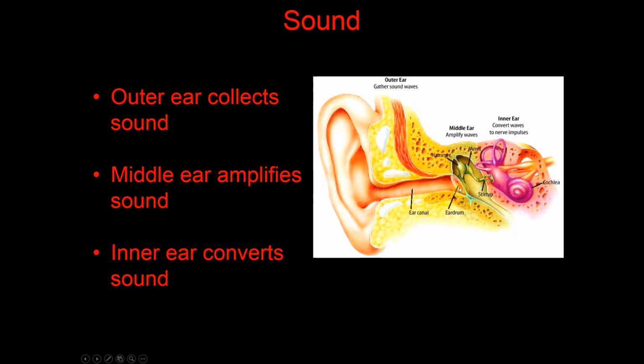There is what's referred to as the hammer and the anvil, which will essentially vibrate together, and then this is converted to nerve impulses, which are sent to your brain, allowing you to interpret sound waves. So the outer ear collects the sound, the middle ear amplifies it, and the inner ear converts it into nerve impulses. And that's how we interpret our sounds.